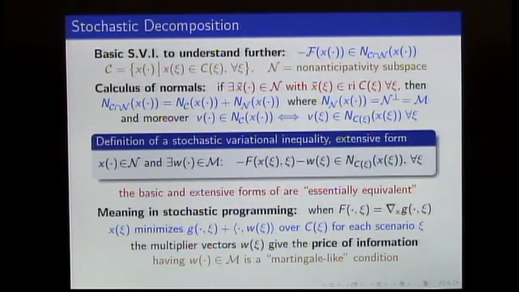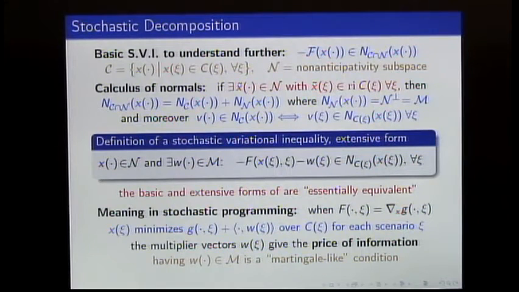And the normal cone to the nonanticipativity space is always the complementary space, M. And on the other hand, the vectors in the normal cone to C are just the ones that satisfy a pointwise condition. So by applying those rules, we can translate the stochastic variational inequality in basic form into one that I call extensive form, which looks like this.